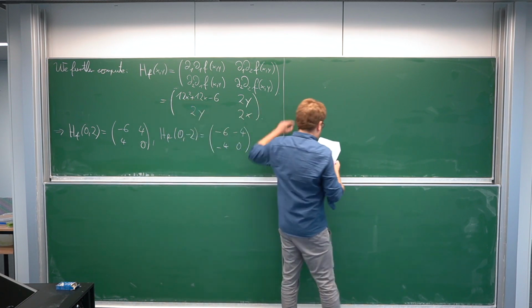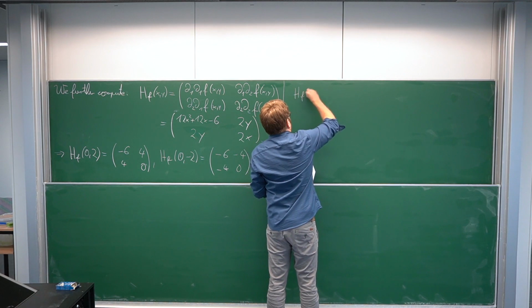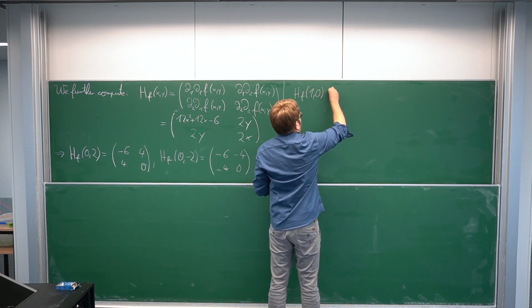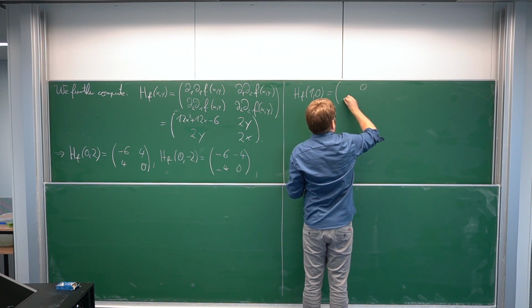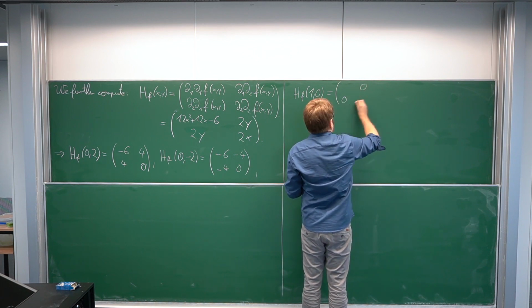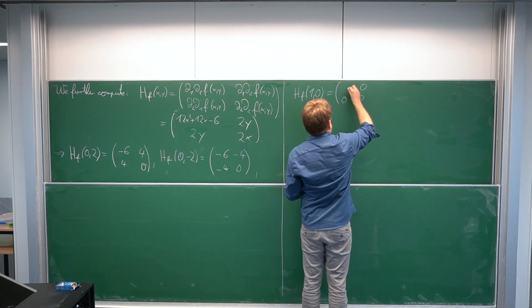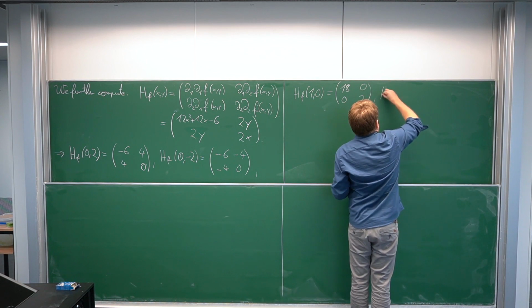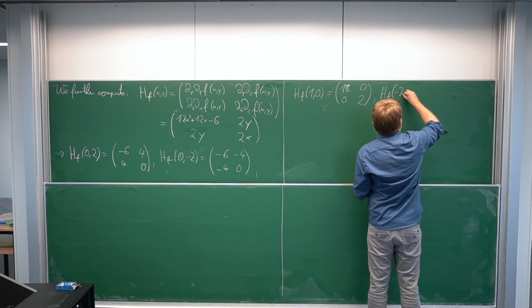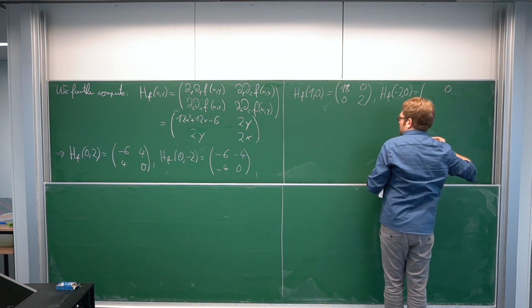And for the other three, we get the following. Hf of (1, 0): we already see that this entry is gone and this entry is gone. So here we have 2, and finally there we have 12 plus 12 minus 6, so 24 minus 6, which gives 18. Then we have (minus 2, 0) as a point, and again we have 0, 0 here.